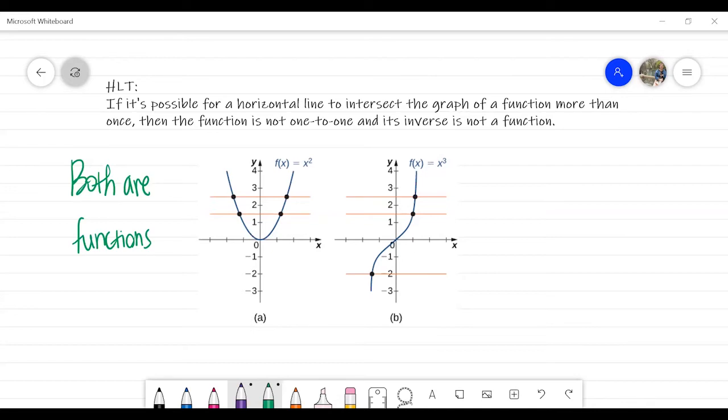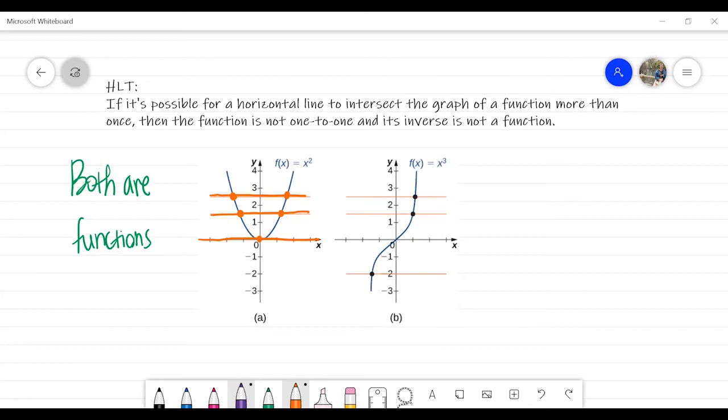So for this first function, part A, you can see there are two horizontal lines already drawn in. We have a horizontal line here, and another one below it. What's the problem with this? Each of these horizontal lines crosses our graph more than once. And this applies to any horizontal line we draw, because if we drew one at the bottom, I could say it only crosses once, at the vertex.